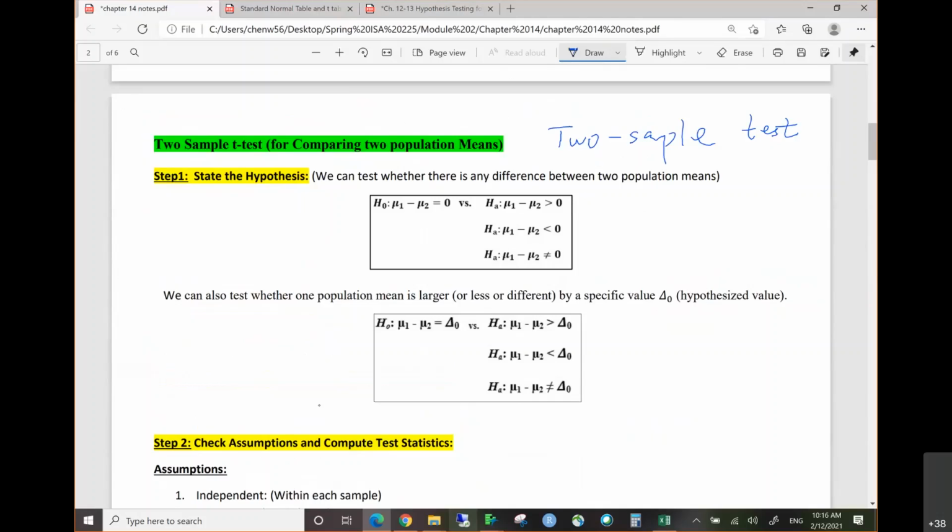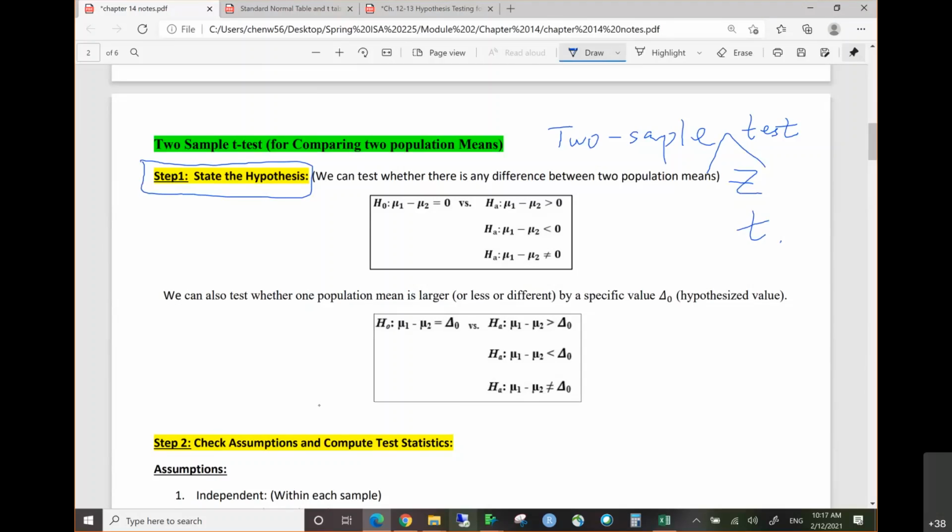So this kind of hypothesis test, we call the 2-sample test. Depending on whether the population standard deviation sigma is given or not, we have the z-test or t-test. Very similar, right? Okay, so now step 1, again, state the hypothesis.